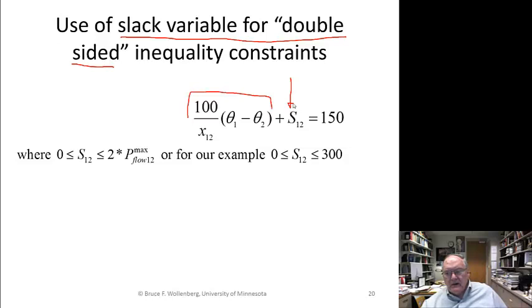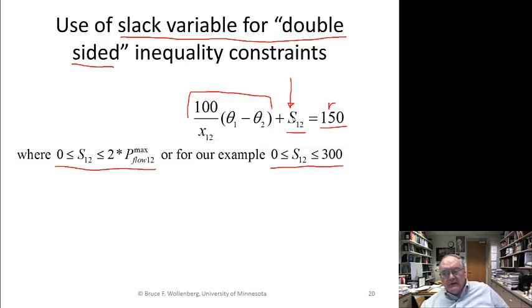It just says you add a slack variable that makes up the difference, and it goes up to 150. Now, what is the value of the slack variable? The slack variable should be able to go between 0 and twice the max for the constraint. So in our case, it goes from 0 to 300.